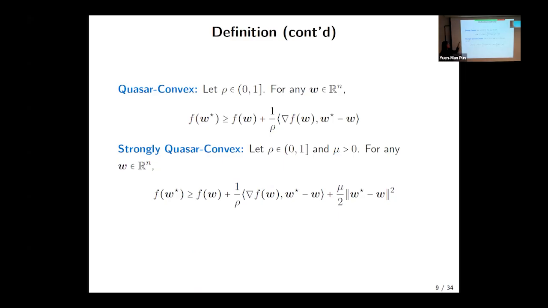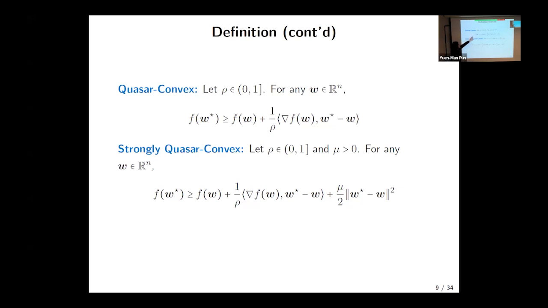And as we'll see, a bunch of applications satisfy this notion of quasar convexity. And something good about quasar convexity is that although this is a relaxed version of convexity, we still have similar good convergence rates, as good as convex functions.